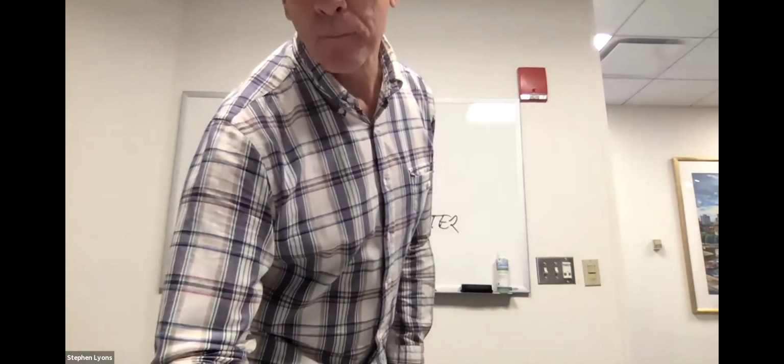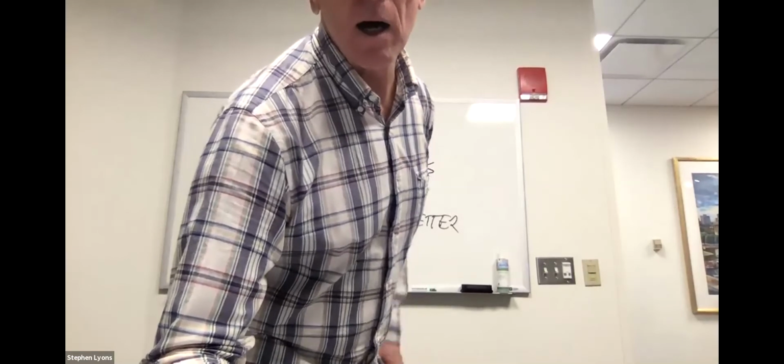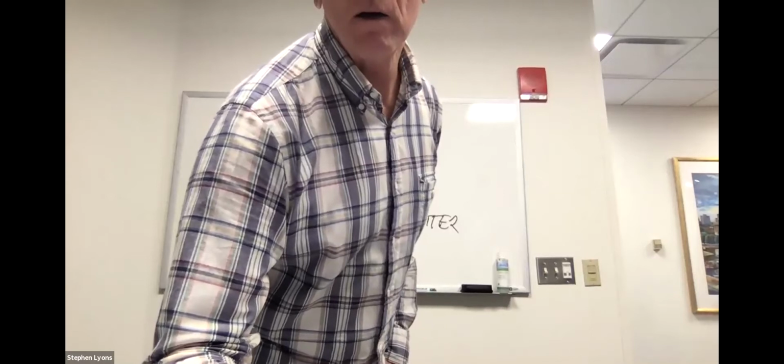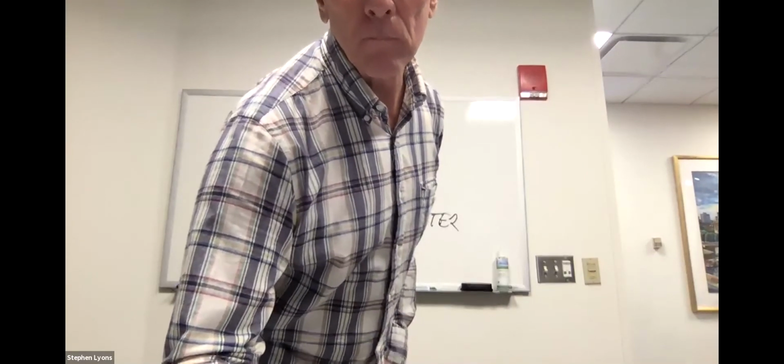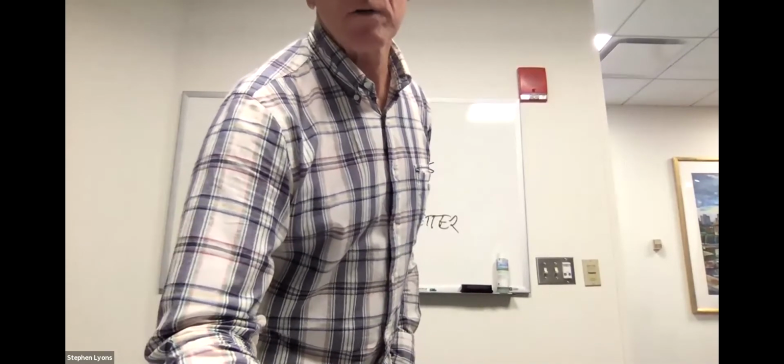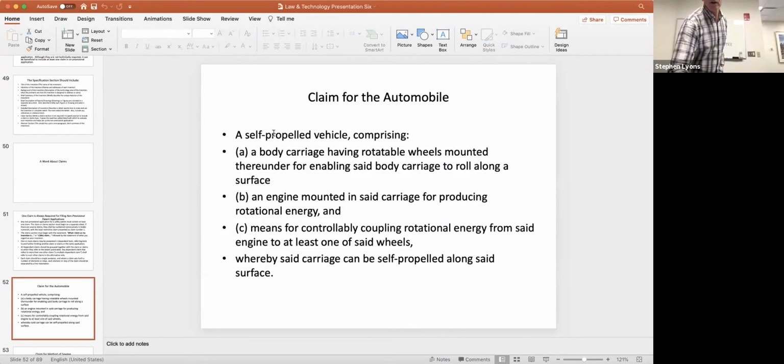I have some claims that literally come out of the USPTO archives to share with you for purposes of illustration. All right, here's a claim for an automobile. A, a self-propelled vehicle comprising a body carriage having rotatable wheels mounted thereunder for enabling said body carriage to roll along a surface.